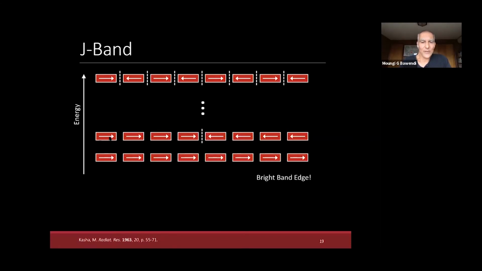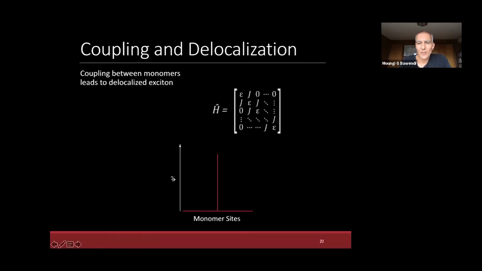Okay, so now you have these interacting transition dipoles. The lowest one, where they're all aligned, is the one that gives you this very bright state at the very bottom. It's allowed, it can emit very fast, on the order of a few hundred picoseconds. And you can model this as a simple Hamiltonian, where you have your site energy epsilon for each dye, then coupling between nearest neighbors, J, and zeros for all the couplings between non-nearest neighbors.